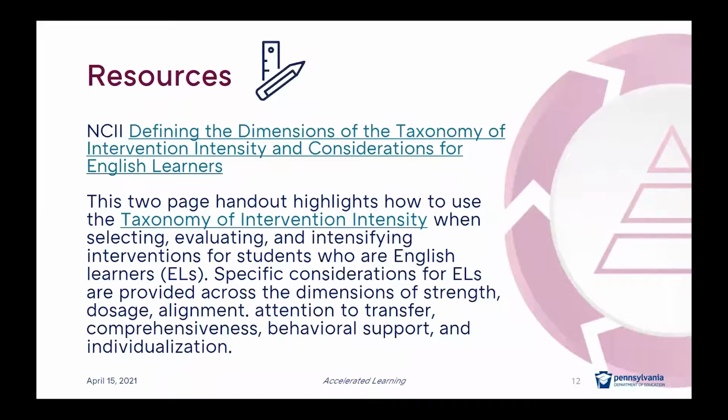This two-page handout highlights how to use the taxonomy of intervention intensity when selecting, evaluating, and intensifying interventions for students who are English learners. Specific considerations for these English learners are provided across the dimensions of strength, dosage, alignment, attention to transfer, comprehensiveness, behavior support, and individualization.